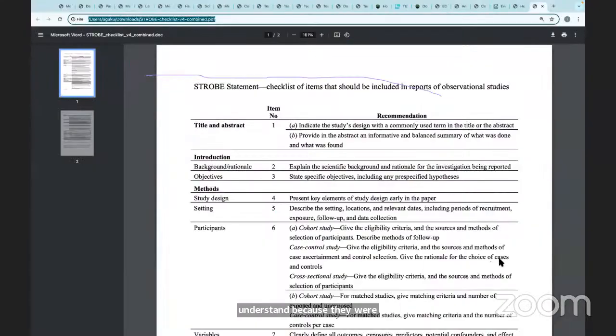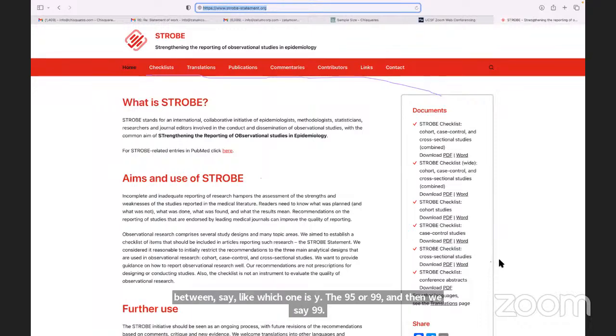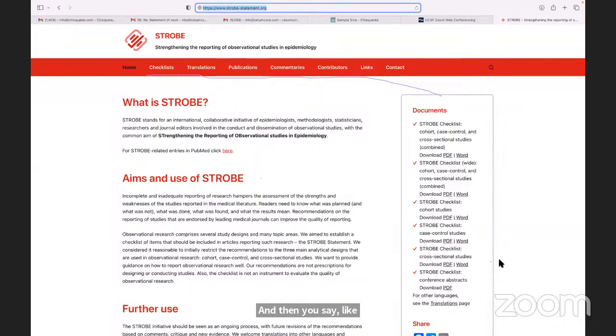I have a question. Number one, you gave us an example on confidence interval, and you were telling us the range between, which one is wider, 95 or 99, and then we say 99. And then you said that to be on the safe side, it's good to go lower so that you're not running the risk of including one.